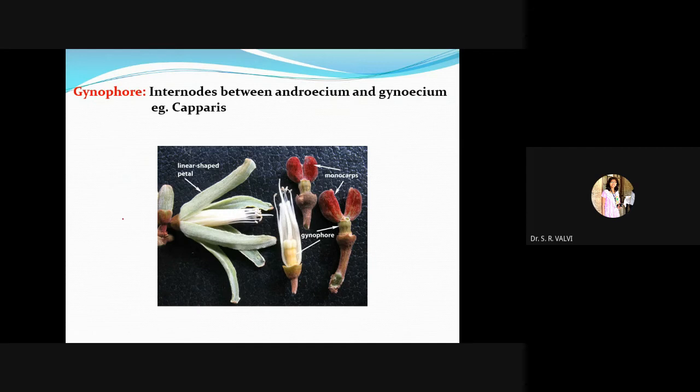Now the internode between androecium and gynoecium, we called gynophore, right? Here you are observing this part, it is a gynophore, and these are the stamens which arise over here. So the internodal portion between the androecium and gynoecium is called gynophore.